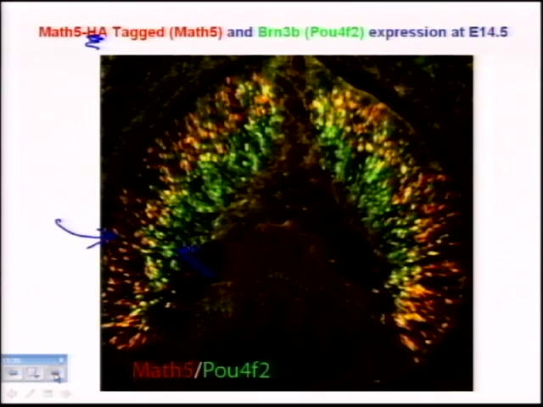As the red ones commit to ganglion cell fate and begin to turn on brain3B or PAL4F2, that's this zone here of yellow cells. This zone is caught in time between MAF5 and brain3B.